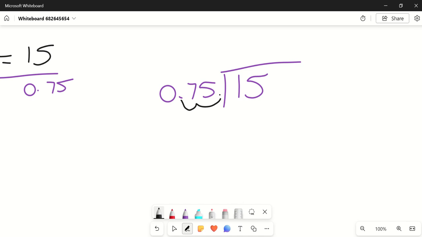The divisor has to be a whole number in order for us to divide. The reason why, a lot of groups did not get this, is because, remember, you're putting this inside of this number, and I can't do that if it's a decimal, right? So it's got to be a whole number. So the divisor has to be a whole number in order for us to divide.